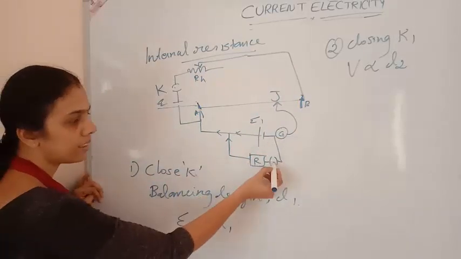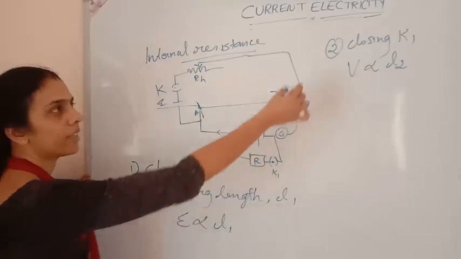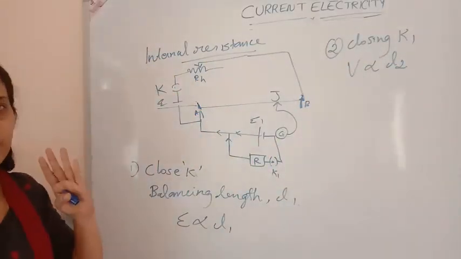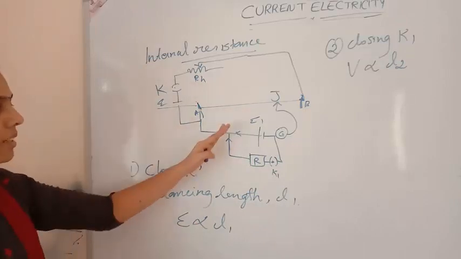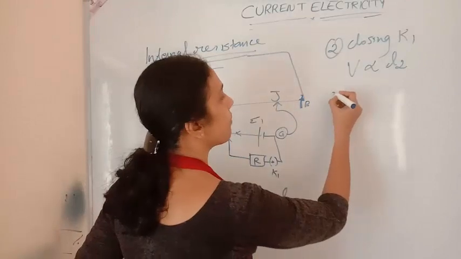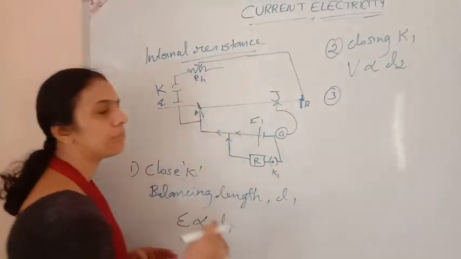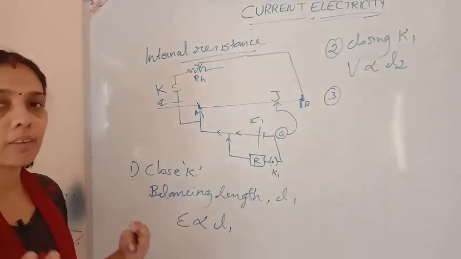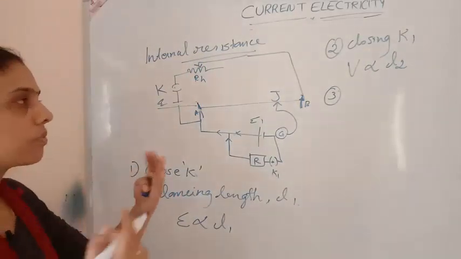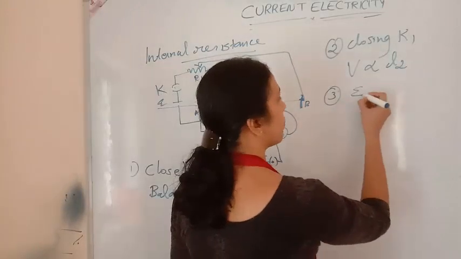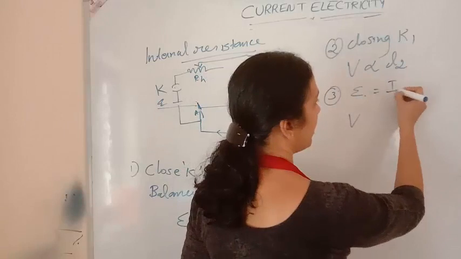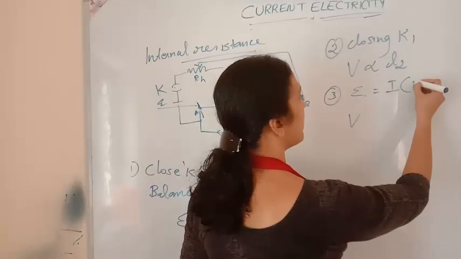Next, closing K1 and finding the balancing length L2, which is V, because here the current is dividing. Clear? Now we can find the E value: E by V is proportional to L1 by L2, so E by V will be equal to L1 by L2. First we need to find what E is and what V is. What is E? I into what is R here?